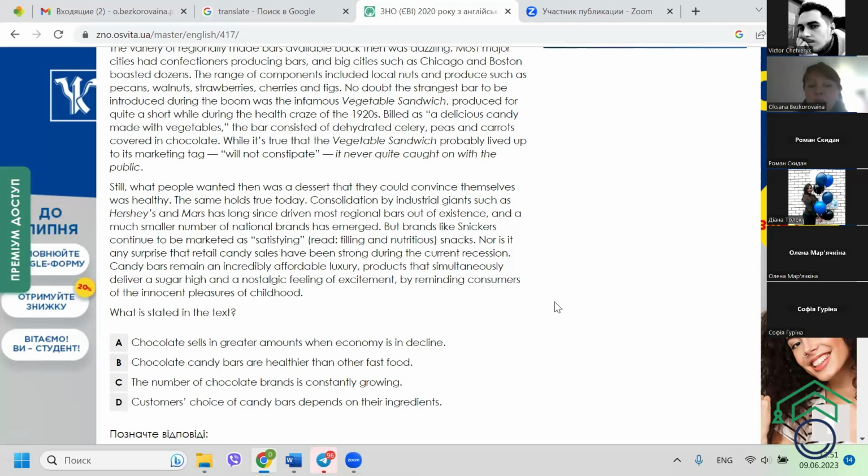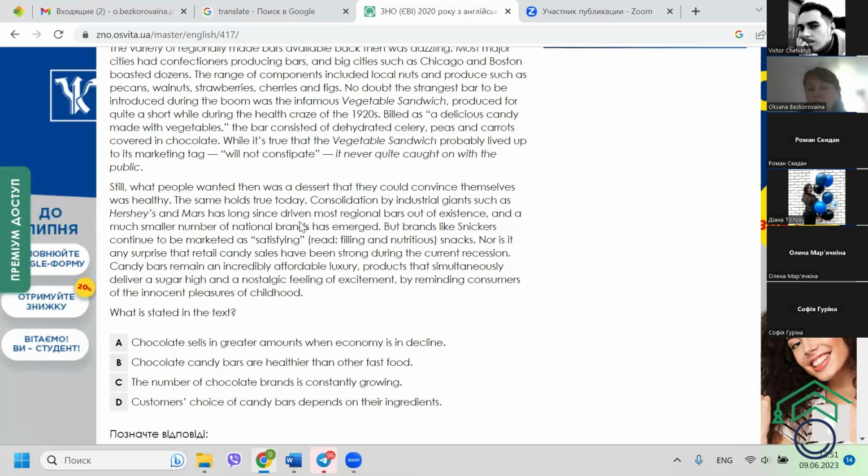Далі. Chocolate candy bars are healthier than other fast food. Такого не було. The number of chocolate brands is constantly growing. В останньому щось було про бренди: consolidation by industrial giants has long since driven most regional bars out of existence.